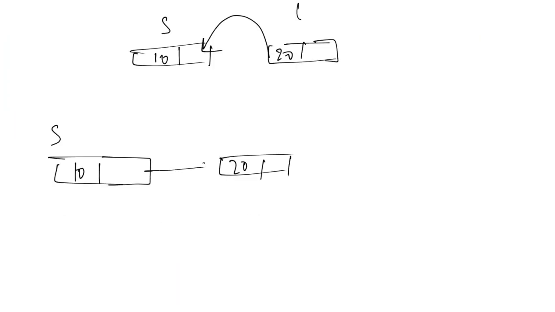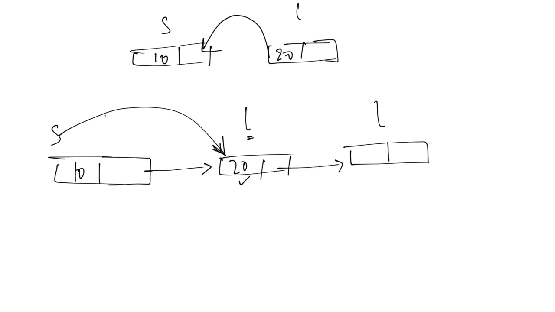It's getting linked, and now in the name of L it got created, and s is pointing to this also. Now the name of this node is L and s both. Now in the next turn, if I create another node, then L will be the name of this node, and we place the data, it got linked, and s again will point to this node, not this and not this.